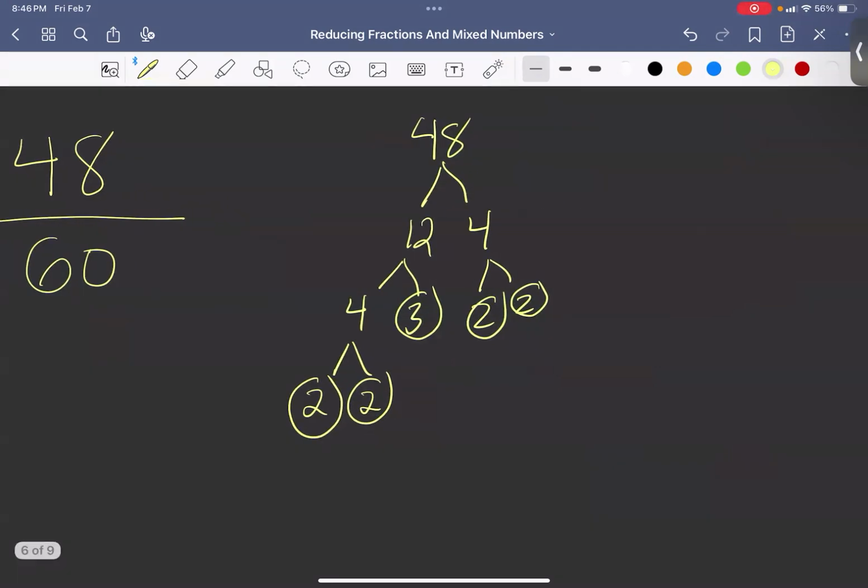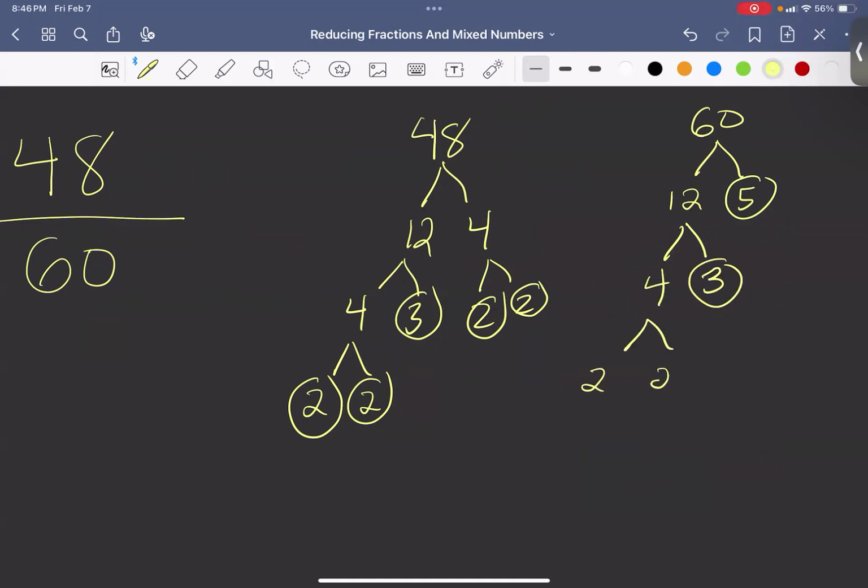Now let me do 60. 60 breaks down to 12 and 5. 5 is a prime number. 12 breaks down to 4 and 3. 3 is a prime number. 4 breaks down to 2 and 2. All right. So we have other factors that are not prime numbers, but I want the biggest.